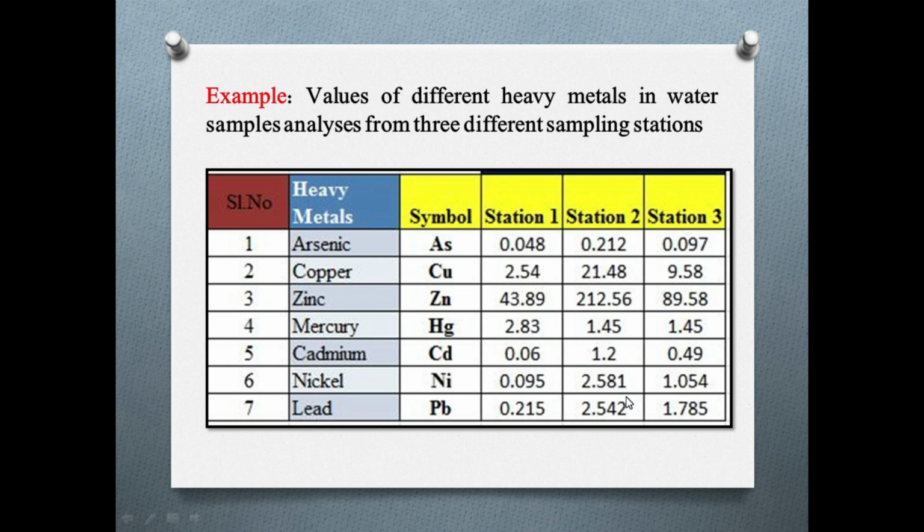Similarly for all other heavy metals and the respective sampling stations. However, for the general public or the common man, these data might not give a clear indication of the level of heavy metals or their overall influence on the water samples studied.